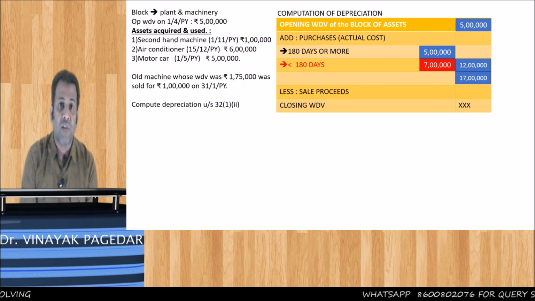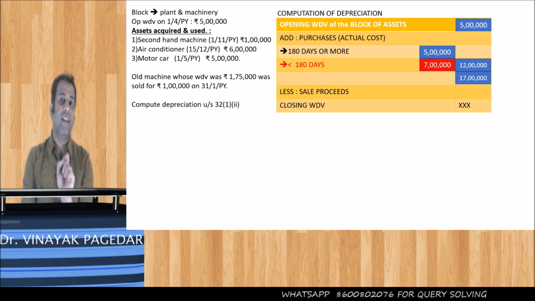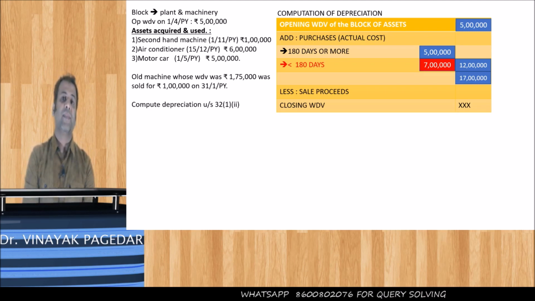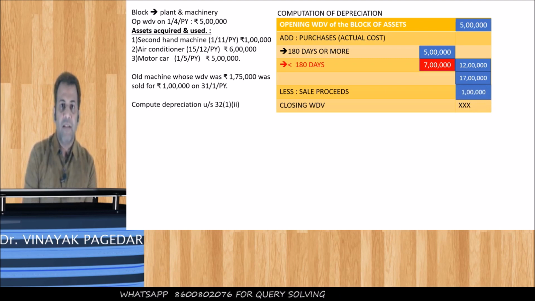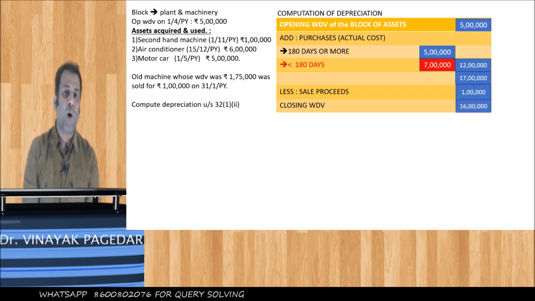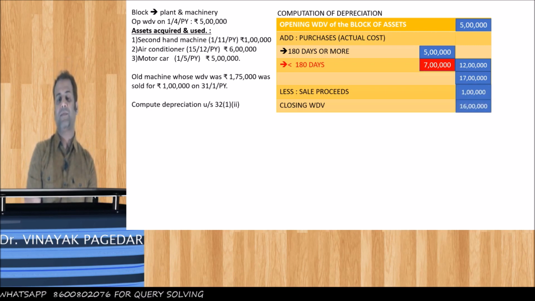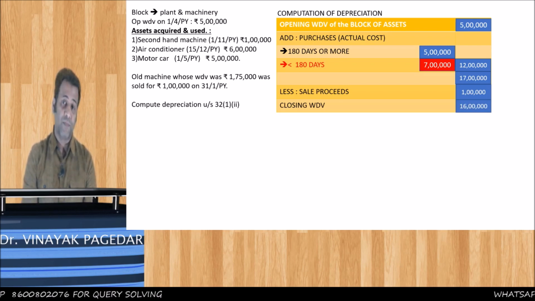And now, my friends, how much will you write in the sale proceeds? Correct. The sale price of the asset, 1 lakh. So 17 minus 1, the closing WDV of the block is 16 lakhs. Now what will you do?